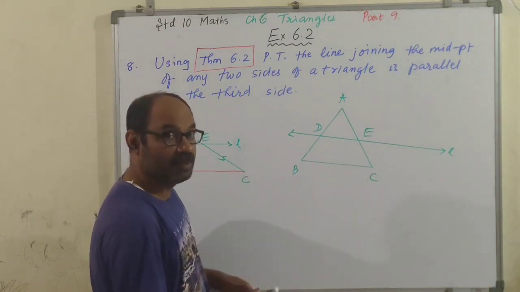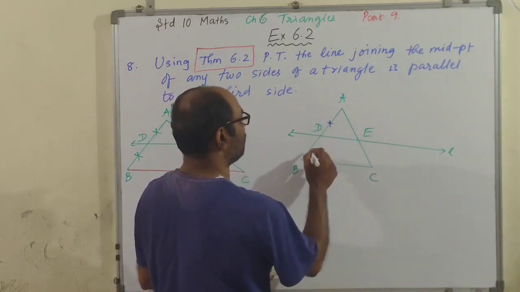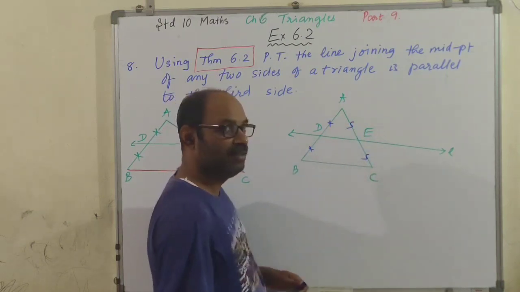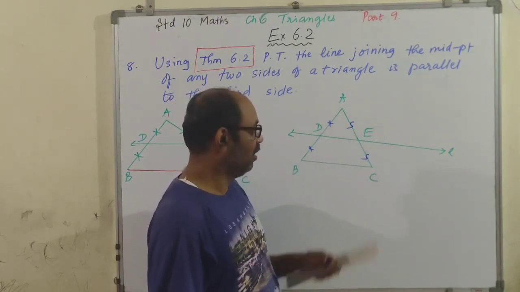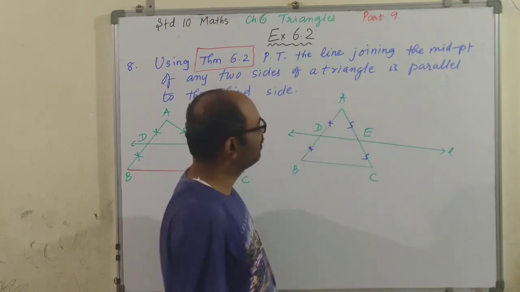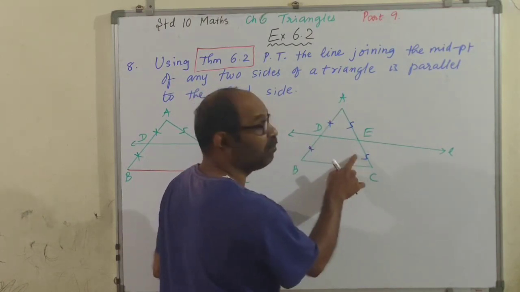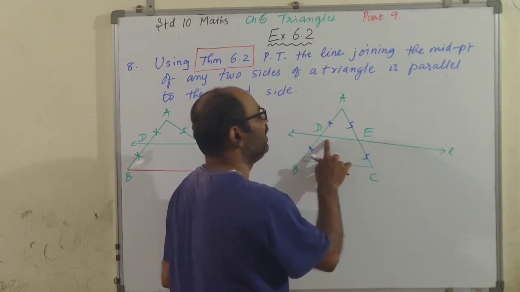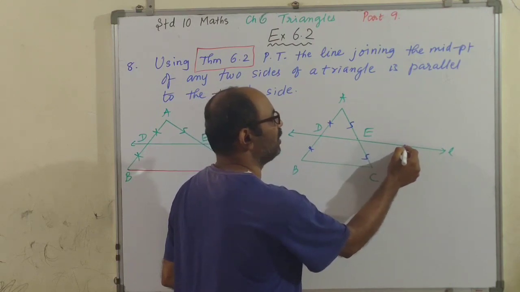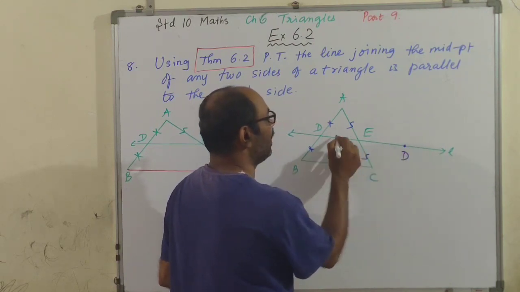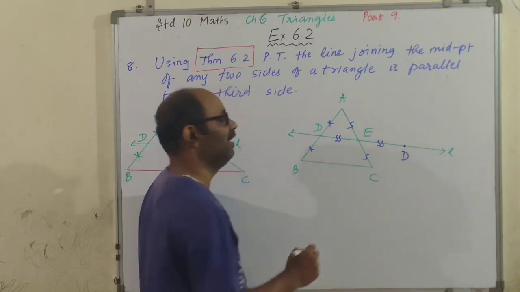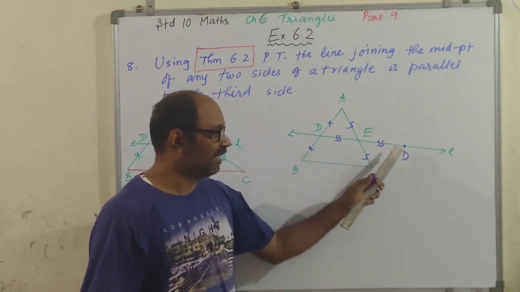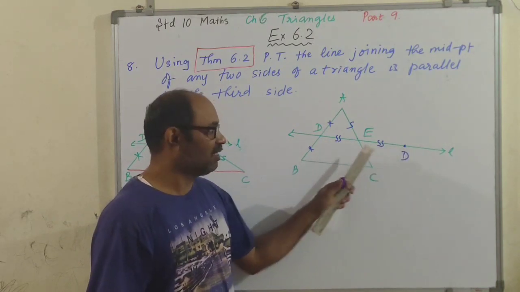Children, let's put these symbols. D is midpoint of AB. E is midpoint of AC. Children, you can see this E is the midpoint. So on this line DE, I'm going to produce it such that DE equal to EP.